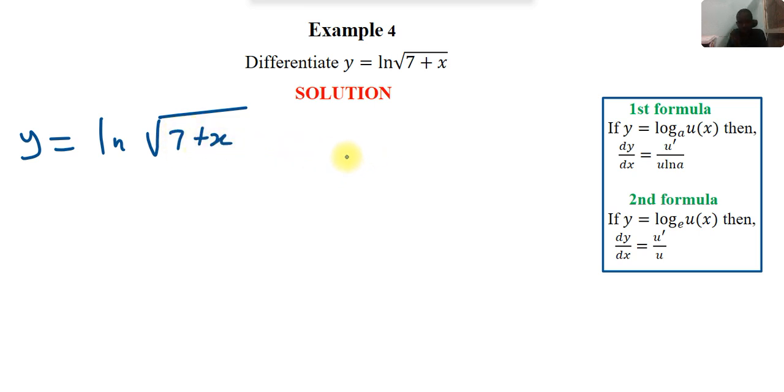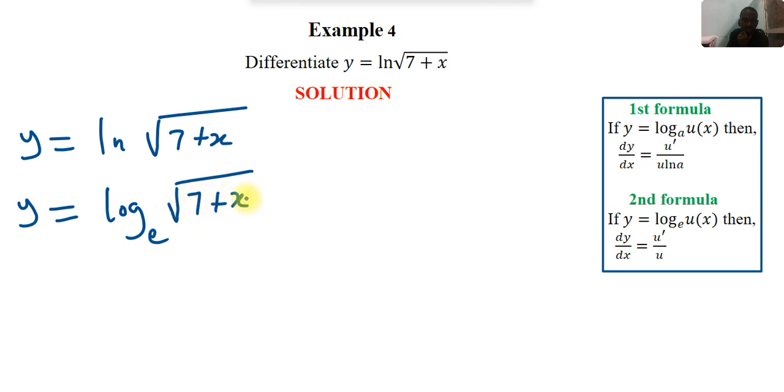Now I want to remind you again of what we did in one of those questions. I will rewrite the ln as natural log, the log to base e of the square root of 7 plus x. Okay, and don't forget that you can also express the square root of 7 plus x as 7 plus x in brackets, all raised to power half.